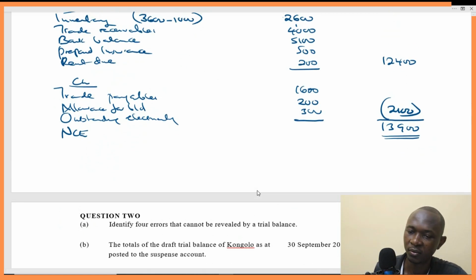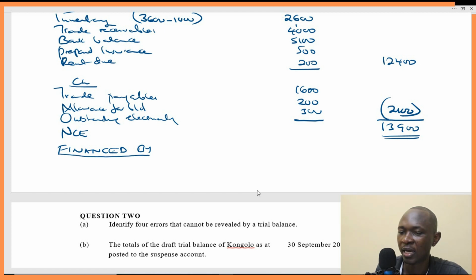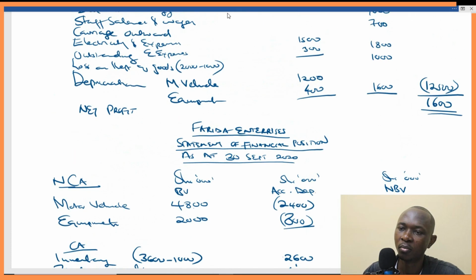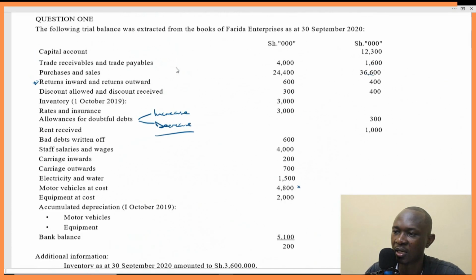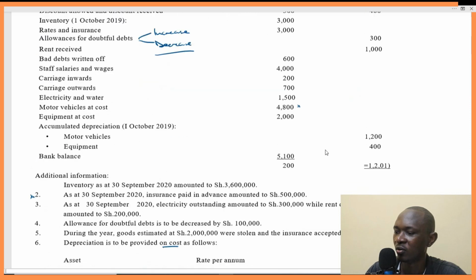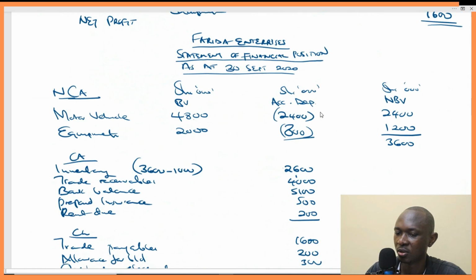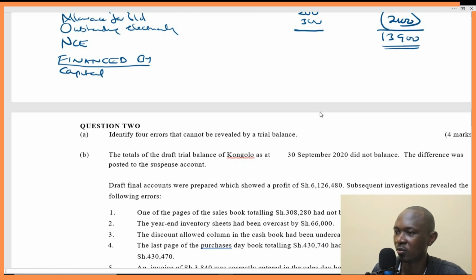So then we come here and say financed by. And financed by, now we have what? The capital. We go back, get the capital. The capital I think was here, 12,300.